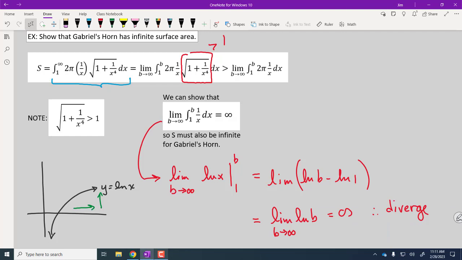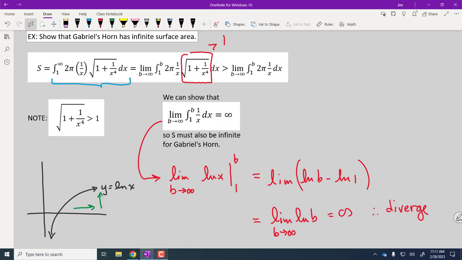The way they state Gabriel's paradox is that if it has finite volume, you can fill it with paint. But if it has infinite surface area, it can't be painted. But if you filled it with paint, it's painted. So how do you resolve that paradox?